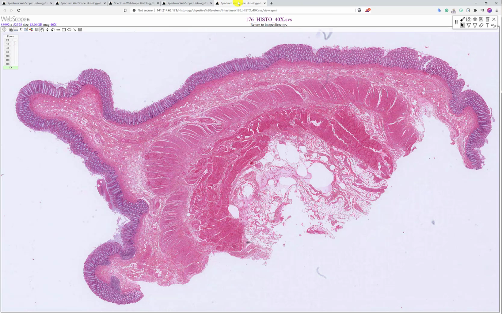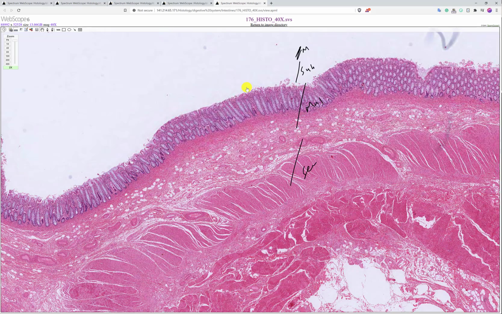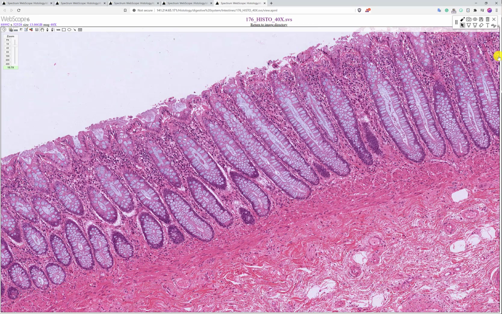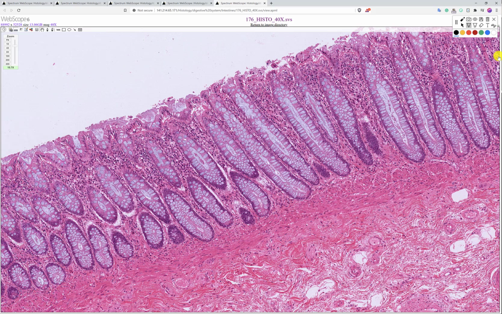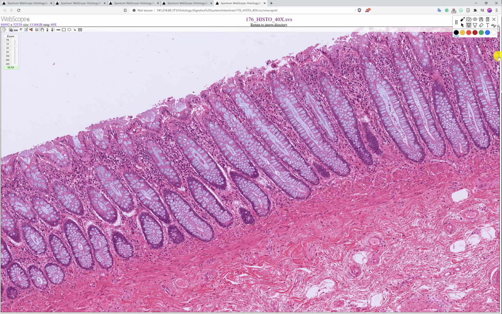Then the last one is the large intestine. And again, with the large intestine, you'll see the mucosa, submucosa, muscularis, and the serosa. If we zoom into the large intestine, on the mucosa we will see similar structures to the small intestine, but here we don't call these structures villi because they do not extend above the surface.